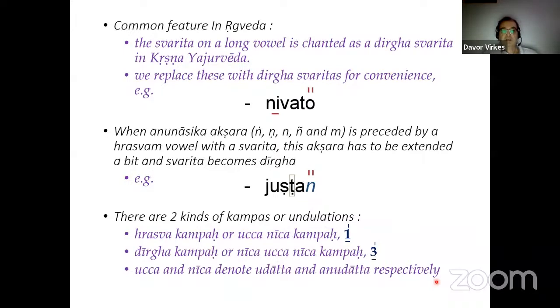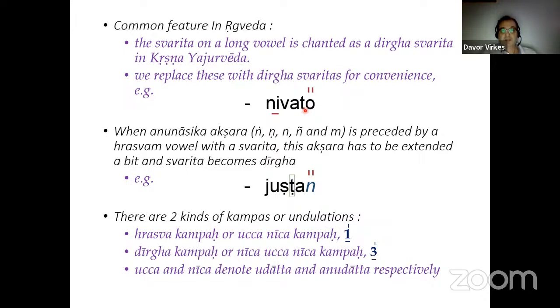When you see Rig Veda text without Dirgha Svaritas, it means that you must know the rules, and the rules are that you must put Dirgha Svaritas when you have a long vowel, or you have a short followed by Anunasika, like in the following example.